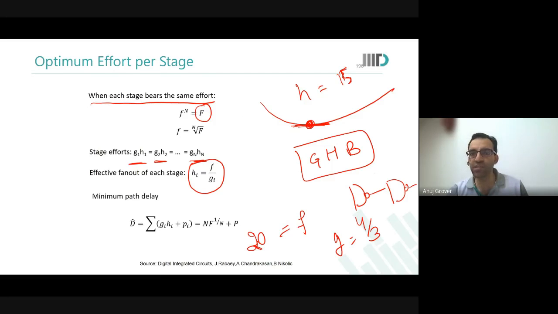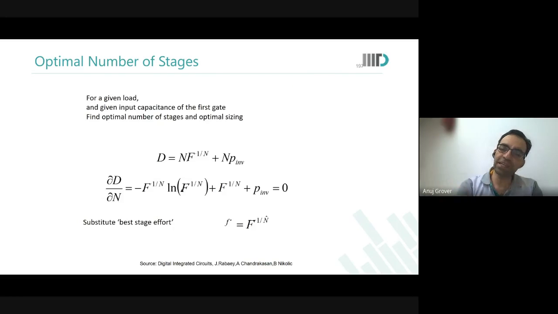That load, this C out by C in, is 15. We will see how we'll use this to arrive at the sizing of our circuits. So first thing, for a given load, if we know the given load, it will be easy to first identify how many stages we need.